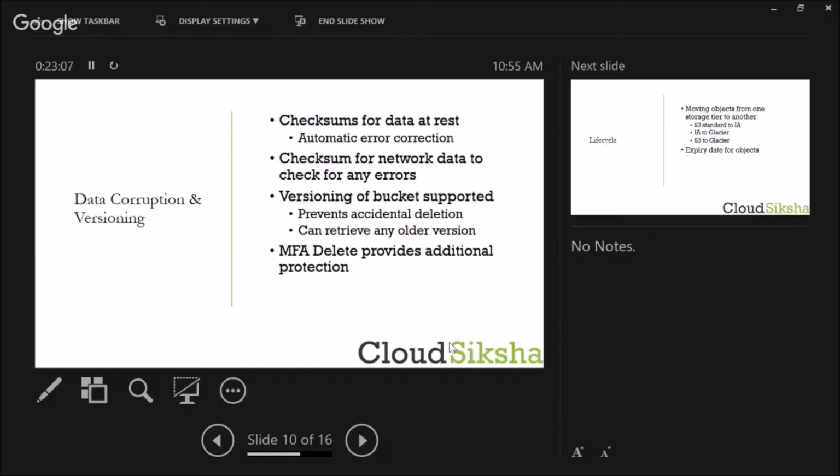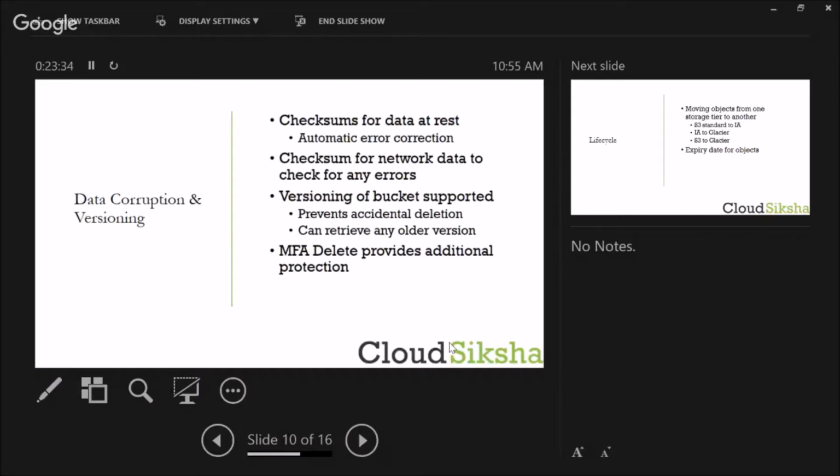Another question that often turns up in the exam is how do you ensure that accidental delete of an object does not happen. The standard answer you will see in multiple places is that you turn on versioning, and you can also turn on what is known as MFA delete, multi-factor delete.